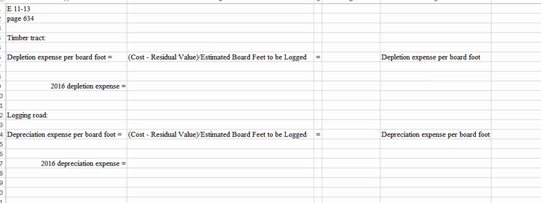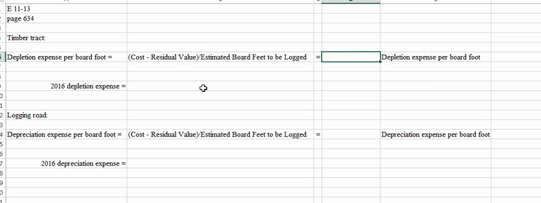Okay. We'll start with the depletion expense per board foot. Here our formula is cost minus residual value of the timberland divided by the estimated board feet to be logged.